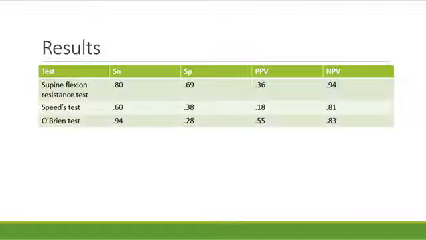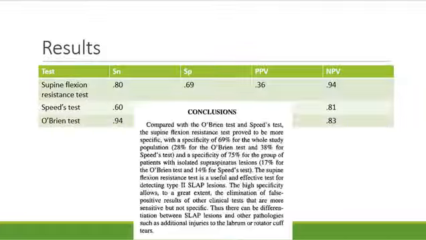Is 0.8 good? Well, they concluded that the test was effective for detecting type 2 SLAP lesions. But you're going to find that in these types of studies the authors are going to really advocate for the value of their test because it brings them recognition, brings them some fame or notoriety.